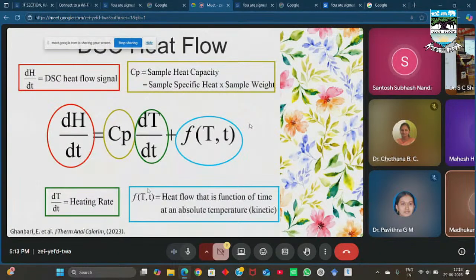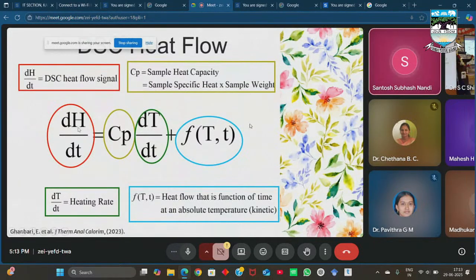Now here I have shown you one of the equations, which is called the differential scanning calorimetry equation. It is fundamental to understanding how materials respond to controlled temperature changes according to the following equation.